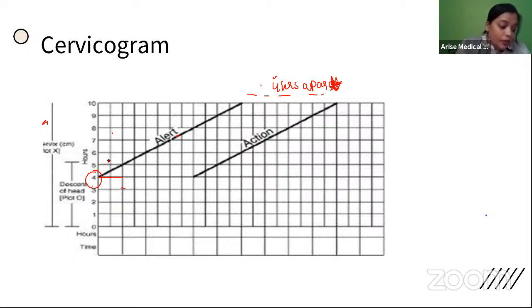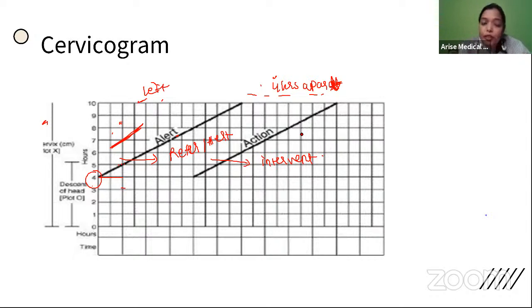Now, a normal partogram should always be before the alert line, that is, to the left of the alert line. If your partogram crosses the alert line, then refer to a higher center or get alerted. If it crosses the action line, you have to take intervention as per the situation.